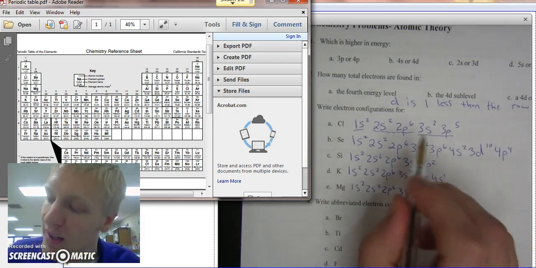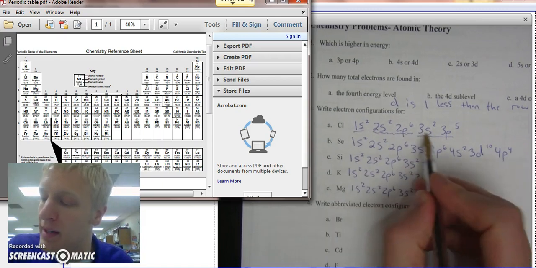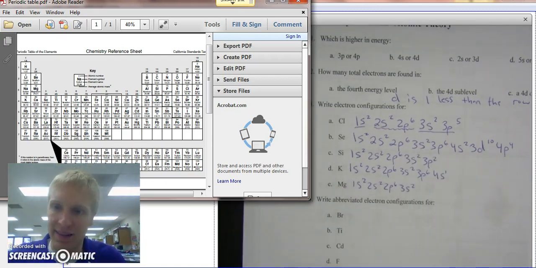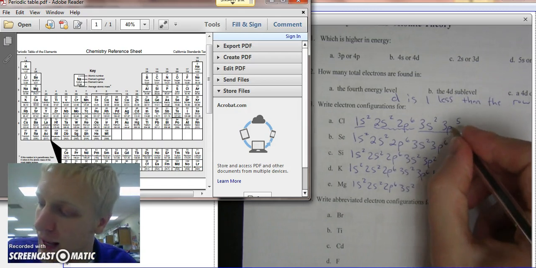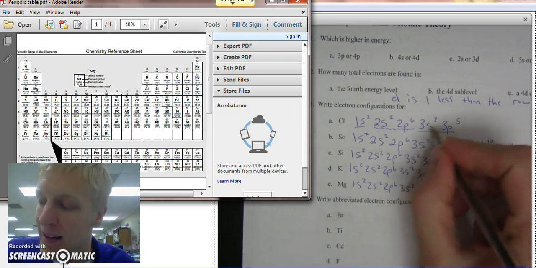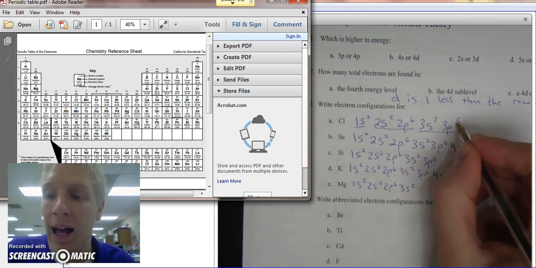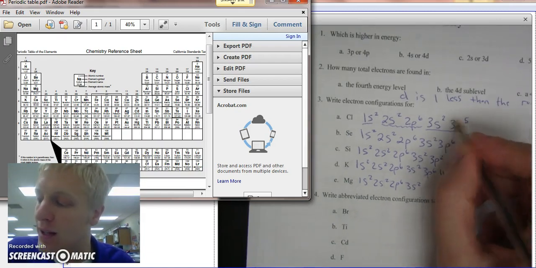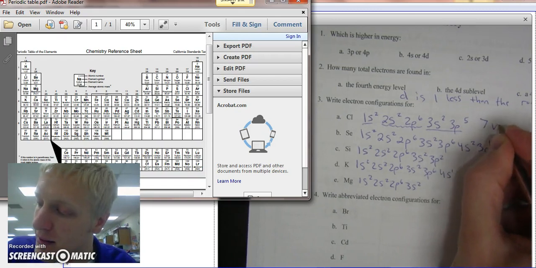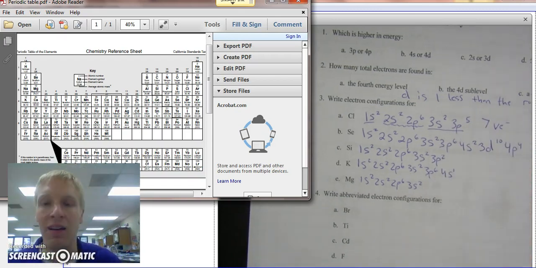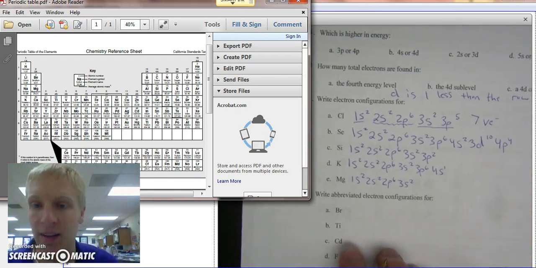Our outermost energy level would be the third energy level. That's the highest out. And we not only have the 3s2, but it's the 3p5. So we add all of those electrons, the 5 and the 2, which gives us 7 valence electrons. VE stands for valence electrons.